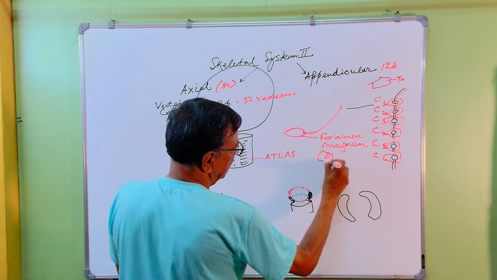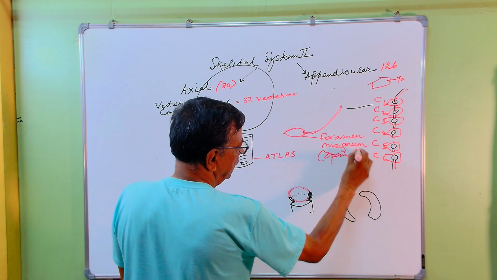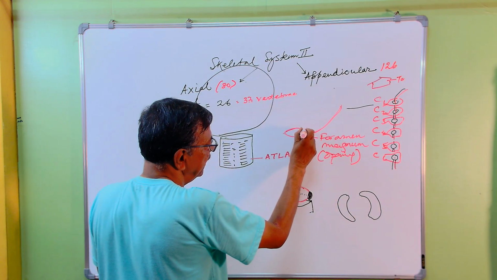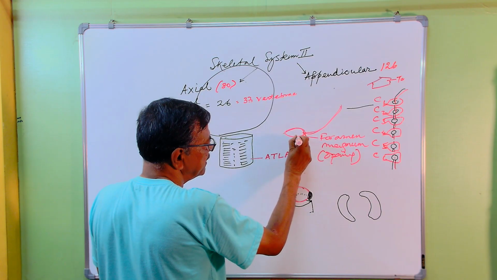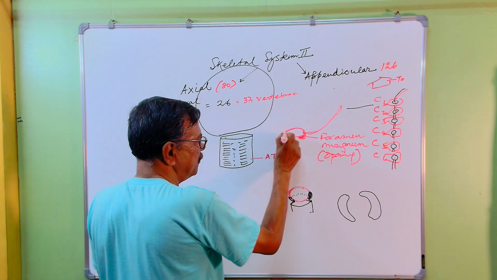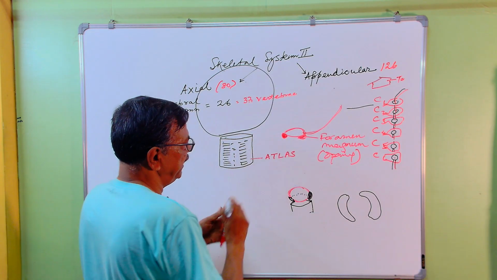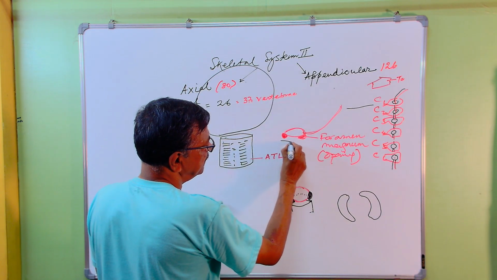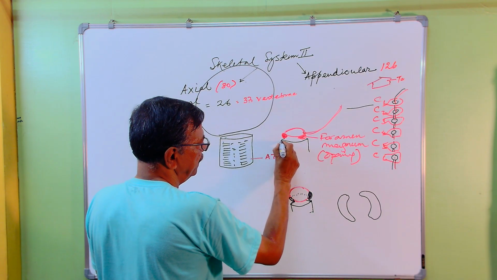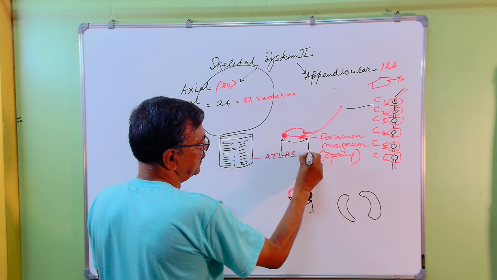It is the opening, and on the foramen magnum on both sides there are protuberances like ball-like structures. Here also one protuberance. It should fit on the first vertebra, the first vertebra on the upper side.